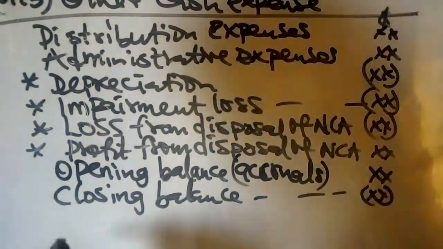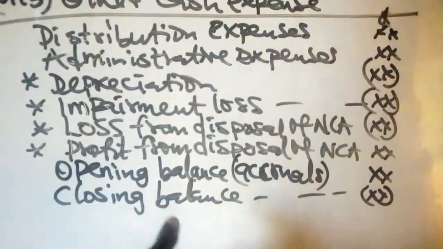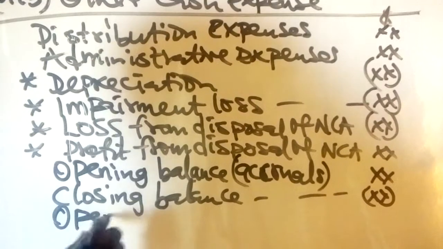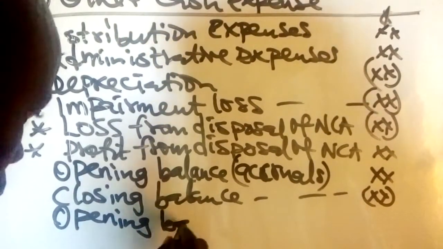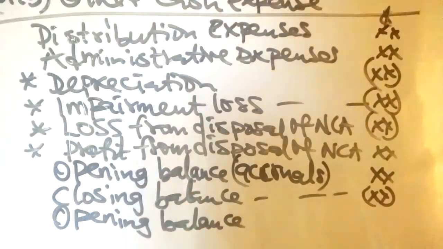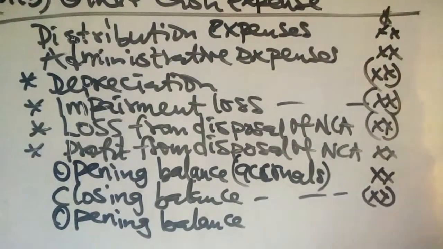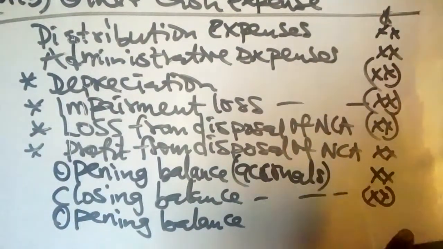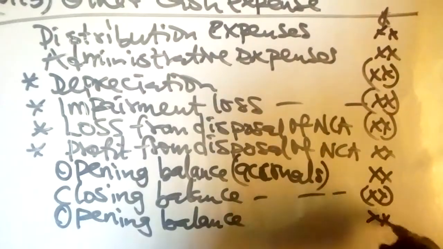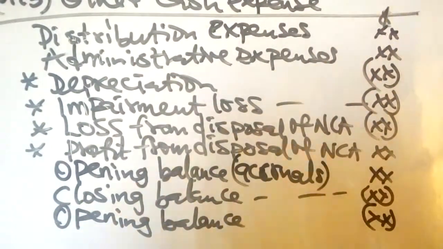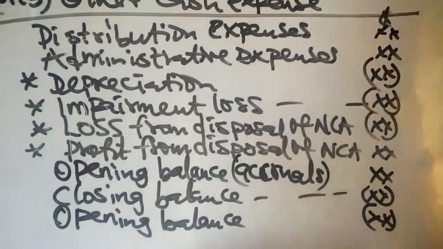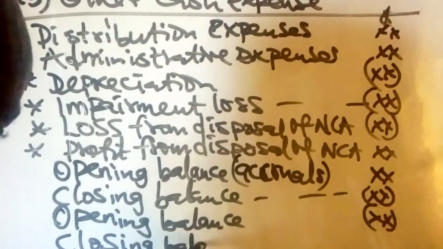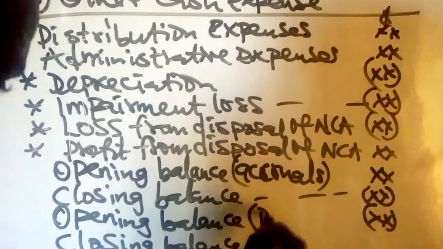So the opening balance of prepayment is the opposite of accruals. Since the opening balance of accruals was added, that means the opening balance of prepayment will be subtracted, while the closing balance of prepayment will be added.